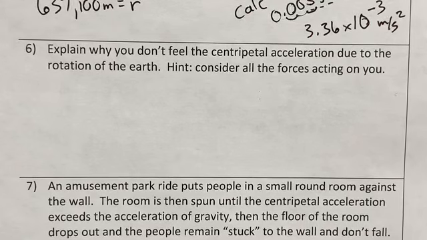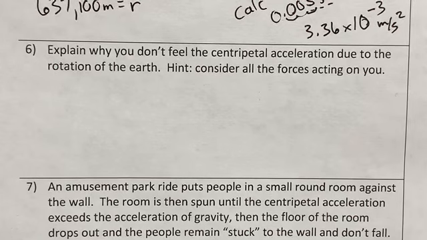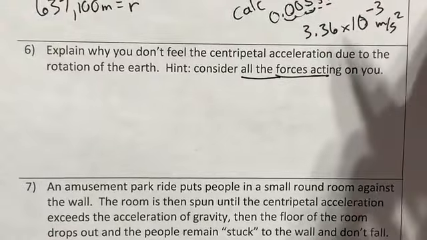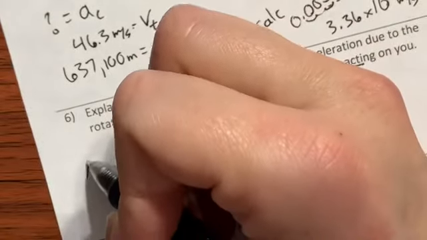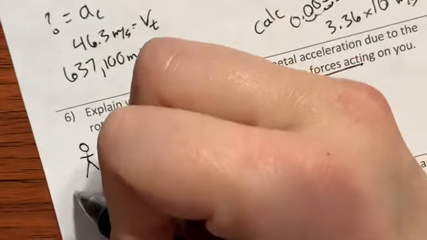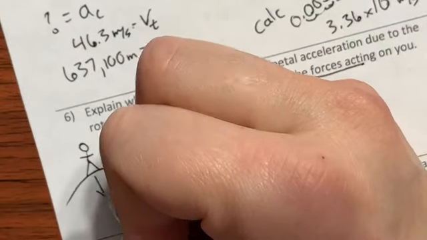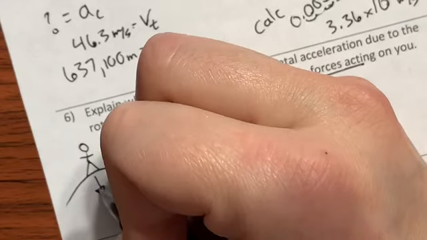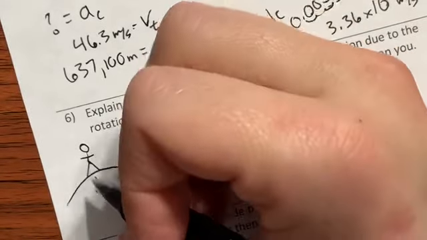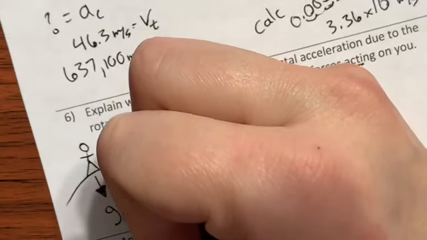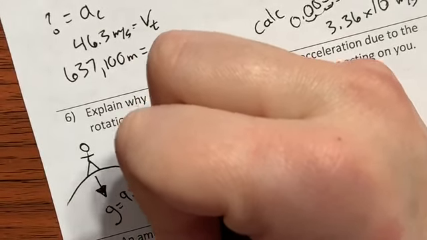Pause. So all the forces acting on you. If you're just standing there, minding your own business on the surface of Earth, you have this pull that's pulling you inward. That pulling you inward is gravity of 9.81 meters per second squared.